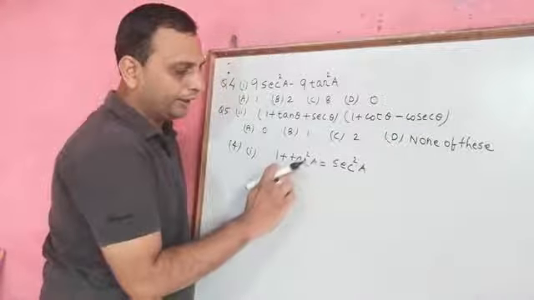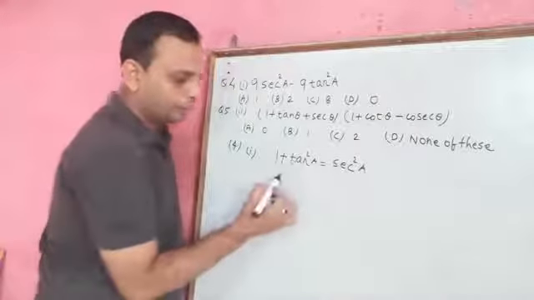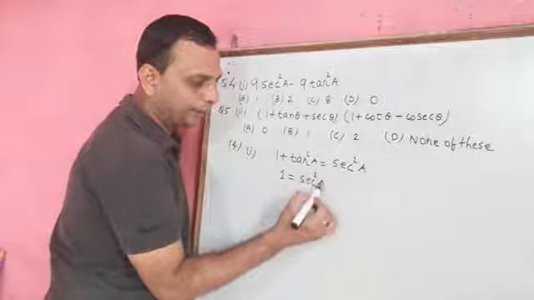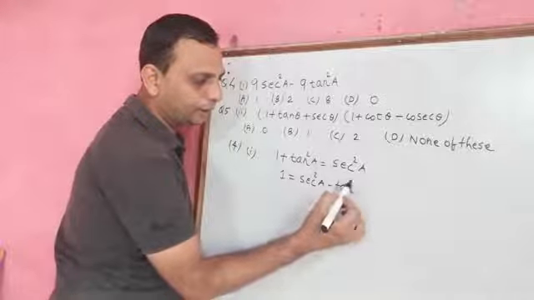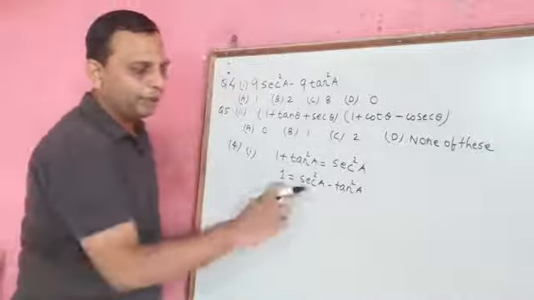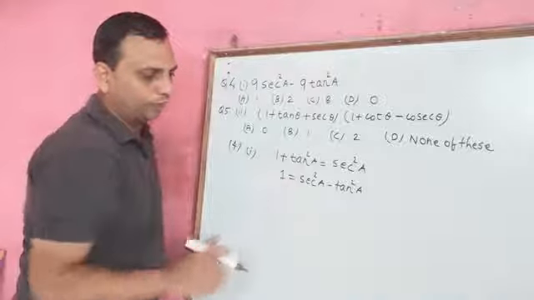This we had studied. If I transpose the tan square to the other side, it will become 1 equal to sec square a minus tan square a. Now I got here sec square a minus tan square a equal to 1. This is the value of the 1.